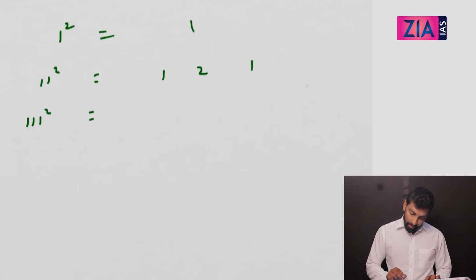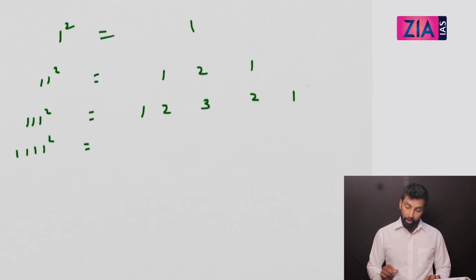Actually we were discussing the sum of consecutive natural numbers, and as the application I have discussed all these things, right? Now one interesting pattern: 1 square is 1, 11 square is 121, 111 square is 12321. Now 4 times 1 square, now you can tell me.